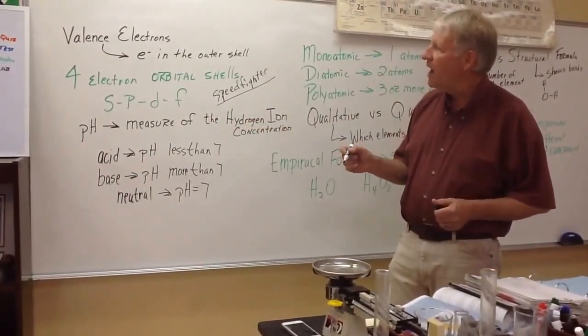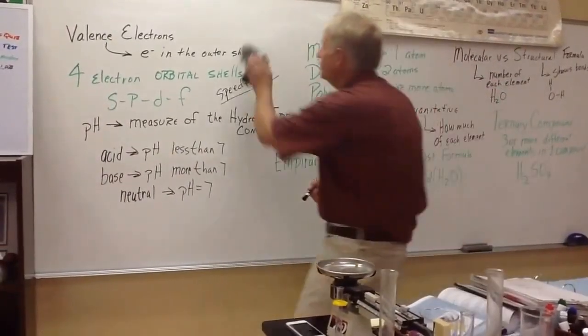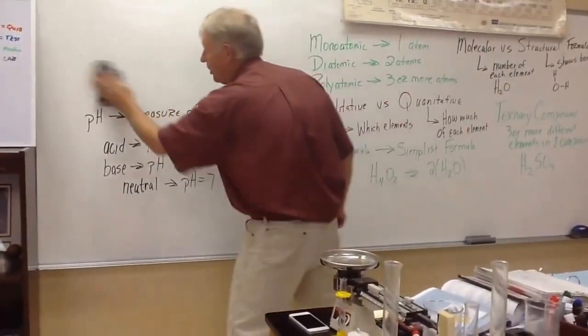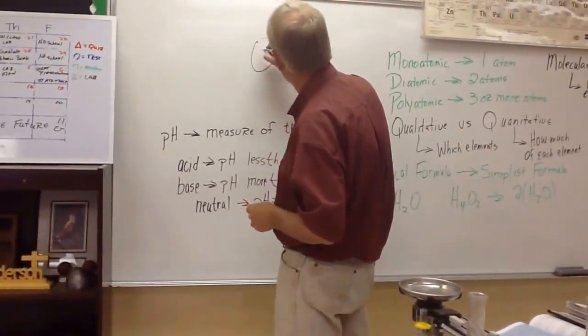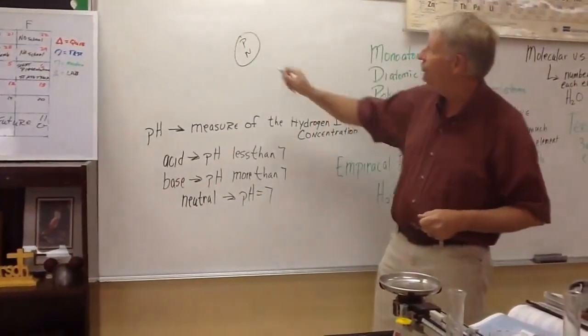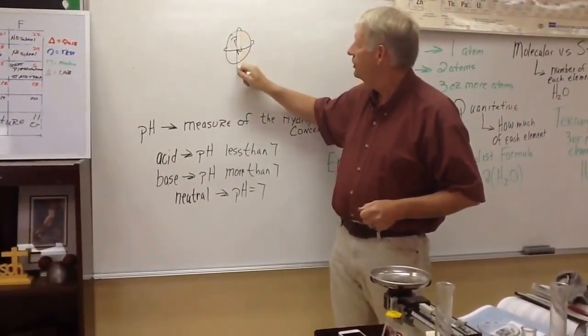Now, what we're talking about here is valence electrons. Once again, we're looking at the exact structure that we talked about a little bit earlier. The nucleus has the protons and the neutrons, and then the electrons are in these orbitals. So remember that the s orbitals travel right around the nucleus here.